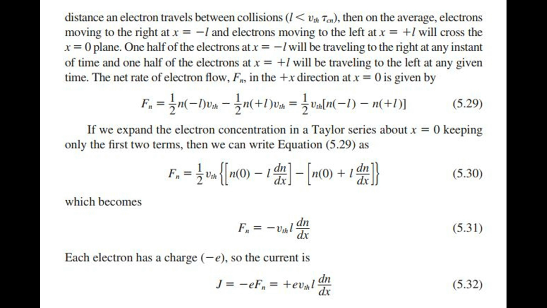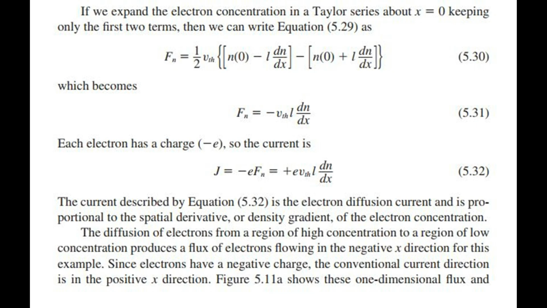If we expand the electron concentration in a Taylor series about x0 keeping only the first two terms, then we can write equation 5.29 as, which becomes, each electron has a charge, e, so the current is. The current described by equation 5.32 is the electron diffusion current and is proportional to the spatial derivative, or density gradient, of the electron concentration.